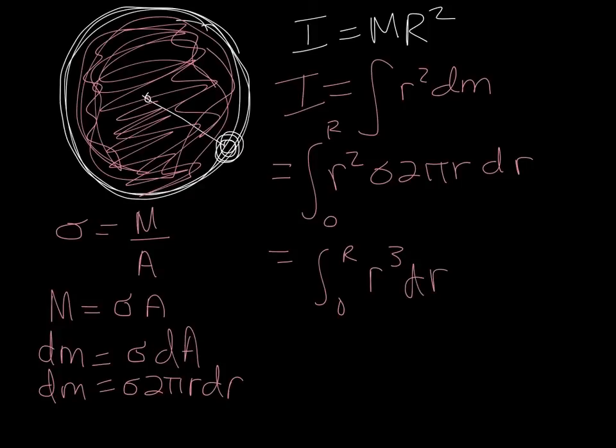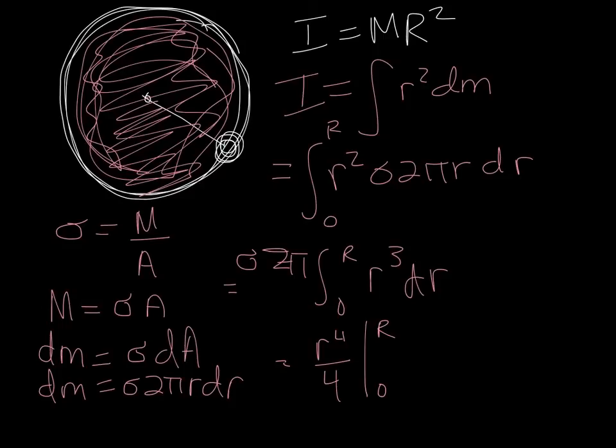So I'm going to try to put those over here. So 2 pi and sigma are going to come out front here. And then let's integrate this, which is going to be r to the 4th over 4, evaluated from 0 to r. Now I'm leaving out my constants here just because I don't have enough room, and that will help me put everything in.